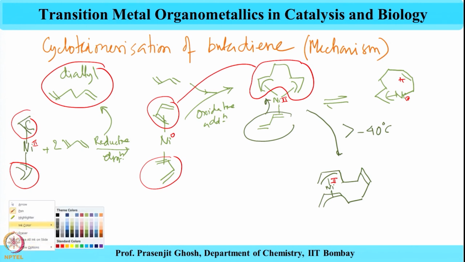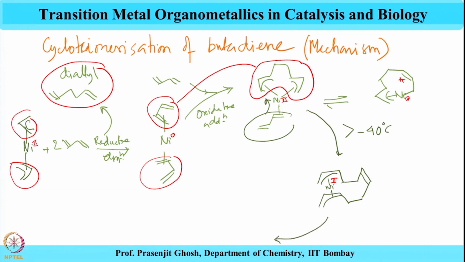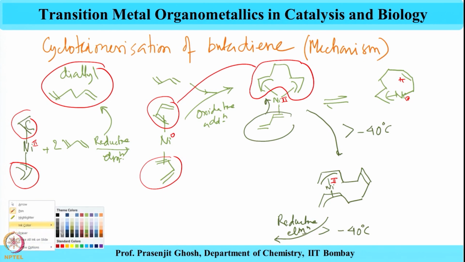trimerizes at reaction above minus 40 degree centigrade to give the corresponding nickel 0. So, this is a sort of reductive elimination process to give the nickel 0 species, as is shown here.